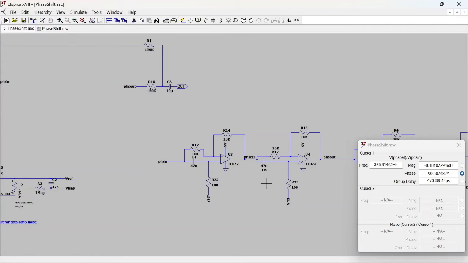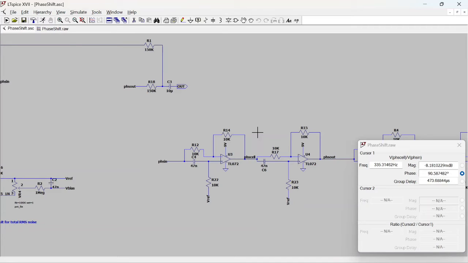Maybe the same frequency would be shifted by one 80 degrees, by the other 100 degrees. That still gives us 180. I can't even do the maths for this. I'm just using LT Spice. That's how much I know about this. Maths is just not, I'm not really great with that.